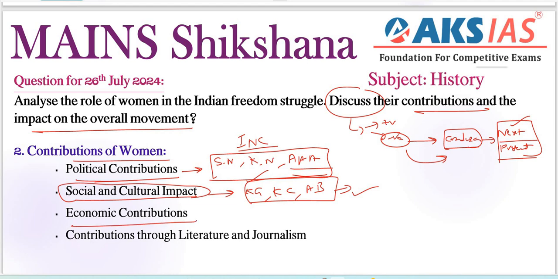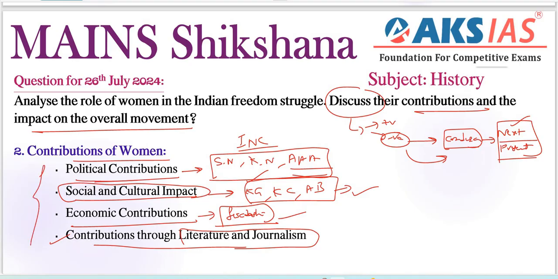Right? So next, economic contributions are there. Here we need to include these supporting factors. They supported the Swadeshi movement by boycotting foreign goods and promoting Indian-made products. Next, contributions through literature and journalism, very important.